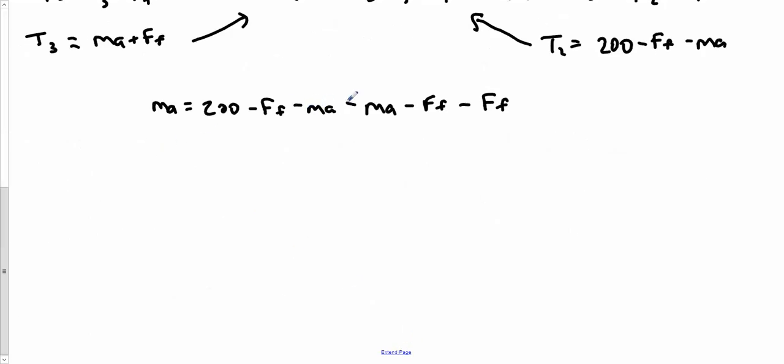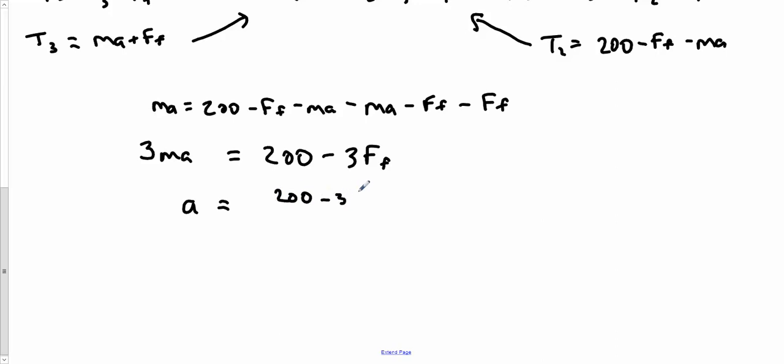When I bring the MAs to the other side, I'm going to have 3 MAs. When they come over, they'll be plus, equals 200. Force of friction is 15, and I've got 3 forces of friction. Take away 1, take away 2, take away 3. I get 3A equal to 200 minus 3 times 15, all divided by 3 times 50.